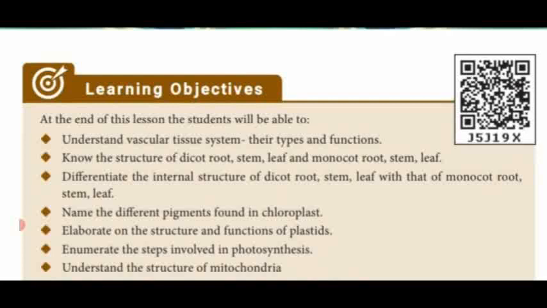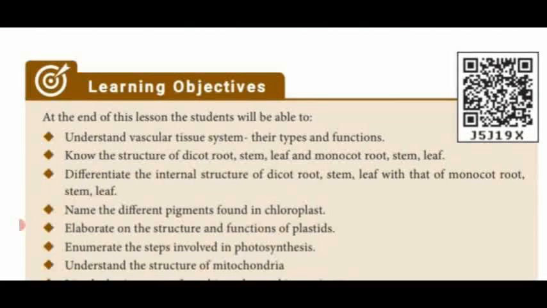Then we have seen the difference between dicot root, stem, leaf with monocot root, stem and leaf. The pigments which are present in the chloroplast to do the photosynthetic process. What is plastid? Structure of plastid and their functions. Everything we have seen in the previous video class.